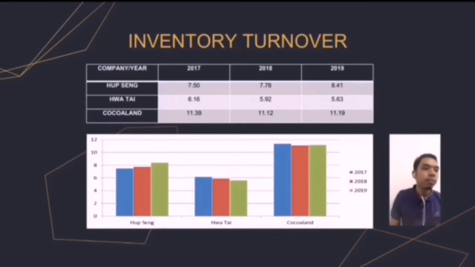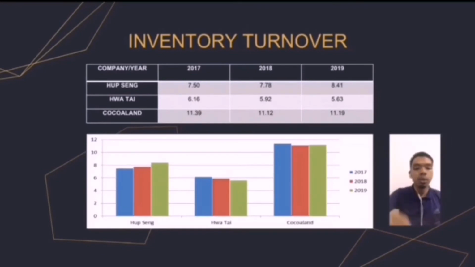What can be explained from this ratio? A good inventory turnover ratio is between 5 and 10 for most industries, which indicates that you sell and restock your inventory every 1 to 2 months. So the best inventory turnover among these three companies is Hapseng, because they can sell and restock their inventory every 1 to 2 months.